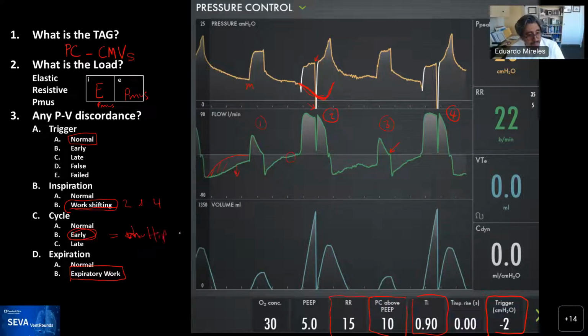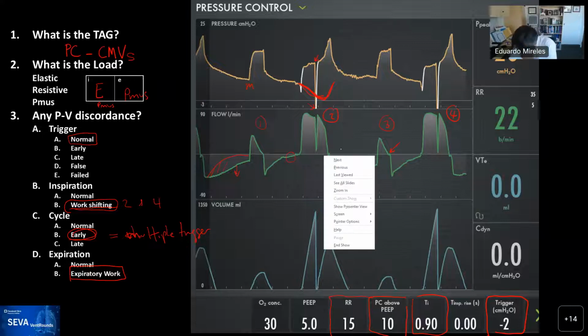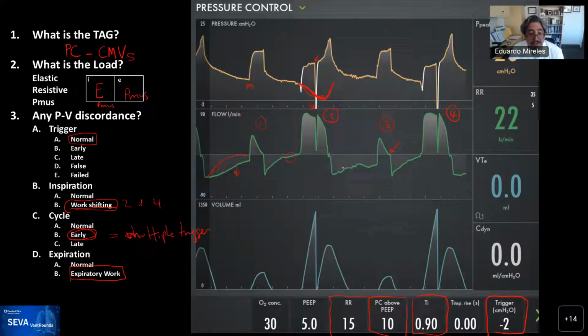And then finally, during expiration, as we mentioned, you see the evidence of effort throughout expiration. Then I always like to see the volume waveform if I have it available. It's pretty telling: you can see this is 1350 of tidal volume, and the patient is getting close to 1200 of tidal volume in each one of those extra breaths.